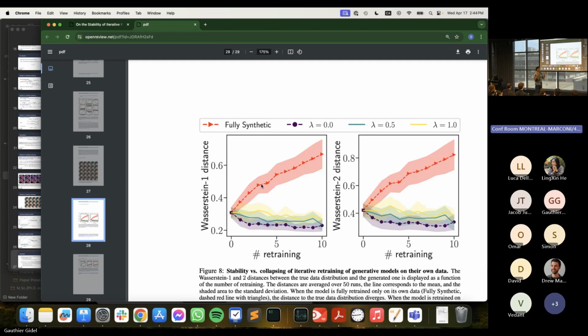The point of the first example is to be a toy example. We know how to fit Gaussians. It also gives a really solid example that with finite sampling and iterative retraining, you collapse. It's a clear example where there is collapse.